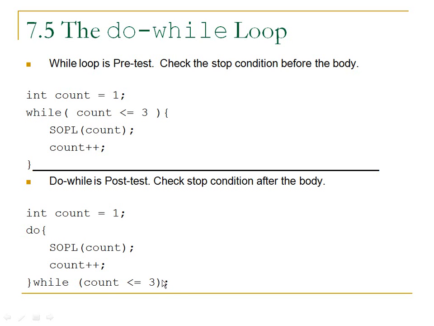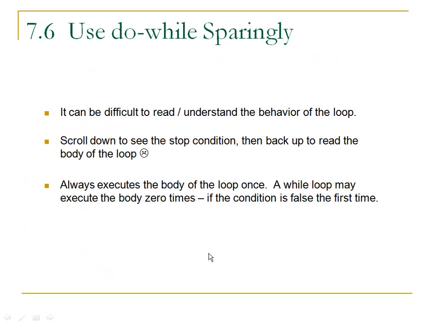Do-while loops are really not favored in industry, and you should use them sparingly. It's difficult to read them and understand the behavior, and sometimes you have to scroll down to see the stop condition and then back up, and that wastes people's time.